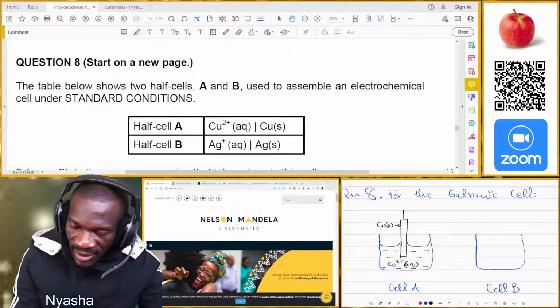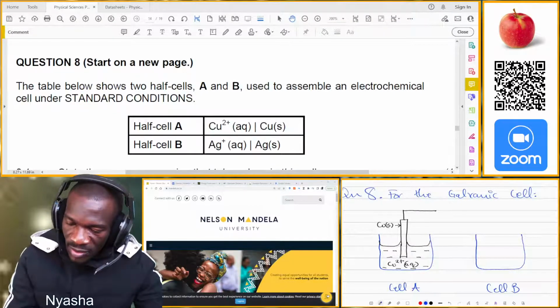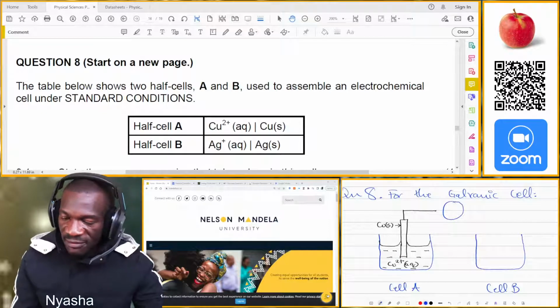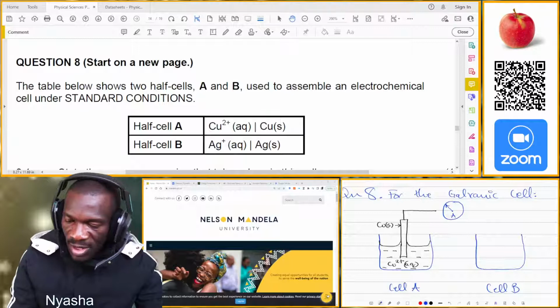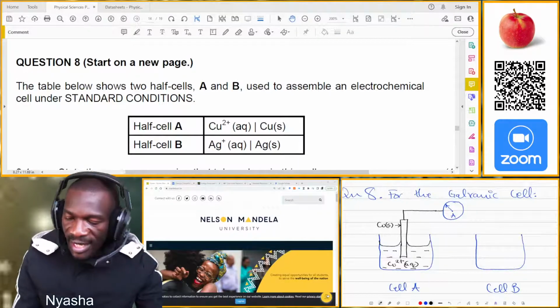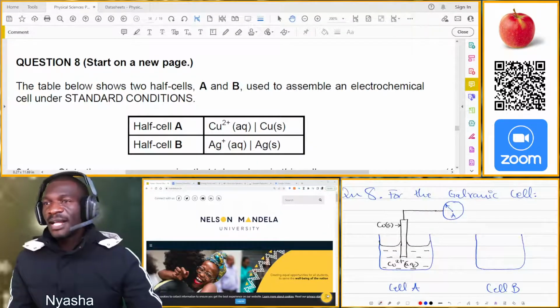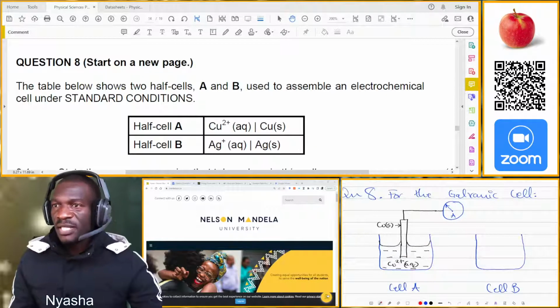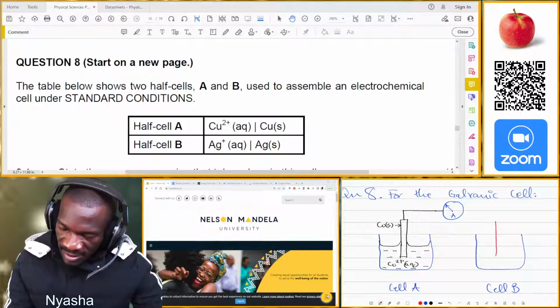So we can then create some path. You can choose to have an ammeter, you can choose to have a voltmeter. It depends on what you want to observe. Do you want to measure the current flow or otherwise? On the right hand side, we have half cell B, in which we have silver. So let's have our silver as the other electrode.